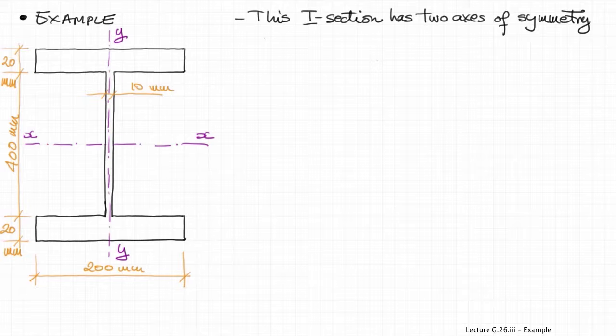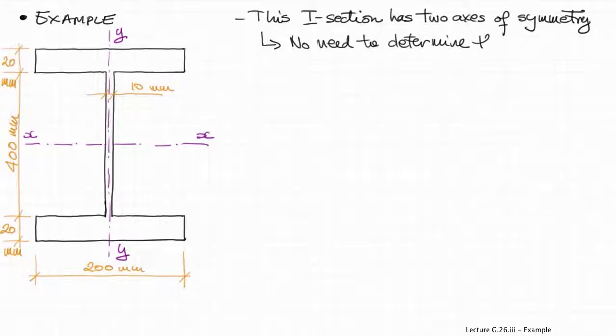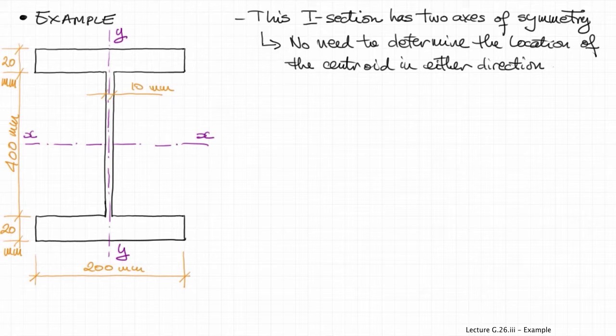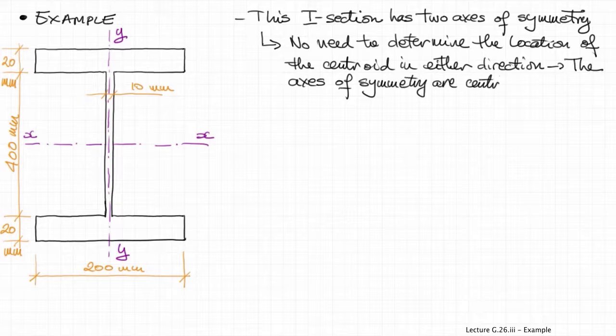Because this section has two axes of symmetry, x and y, as shown in purple, running right through the middle of the section in both horizontal and vertical directions, there's no need to determine their location anymore. We know they're located right in the middle. So the axes of symmetry, as we've learned recently, in this case, are also centroidal axes.